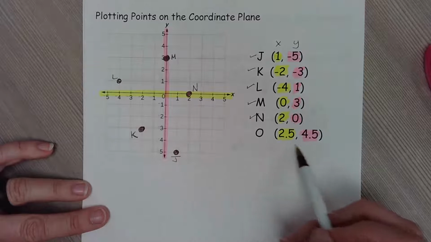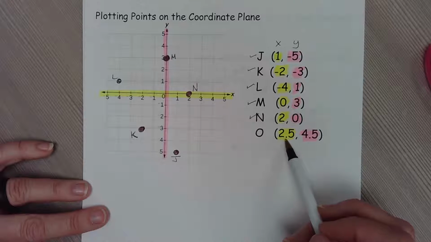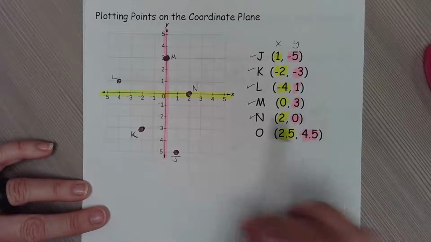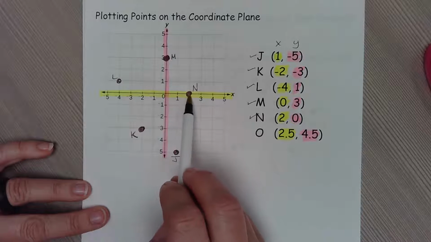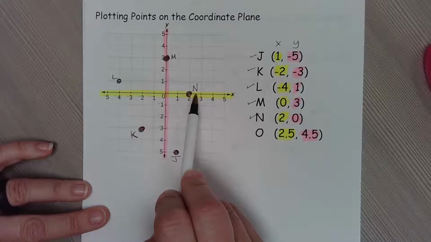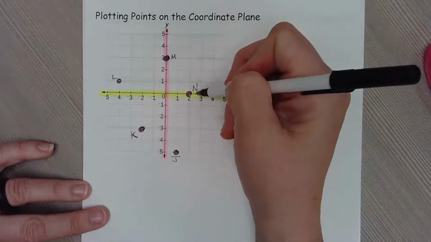All right, and lastly, sometimes you don't have whole numbers. You have fractions or you have decimals, and that's okay. So on this one for O, 2.5. So we're going to go over to the 2, and 2.5 would be located in between the 2 and the 3. So right in the middle between 2 and 3. And then we're going to go up 4.5. So let's think about that.